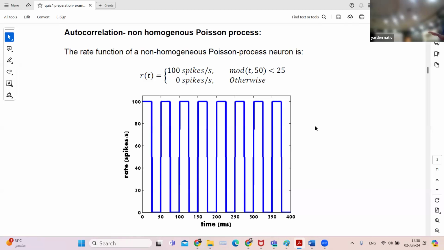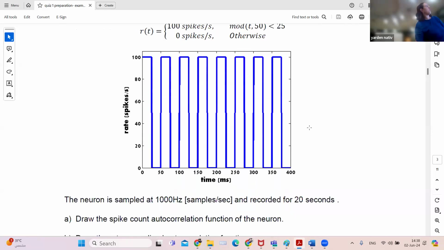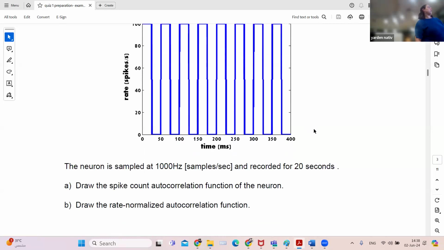Is that clear, the neuron itself, how it fluctuates? Great. The neuron is sampled at 1000 hertz, recorded for 20 seconds, which is really infinite time.